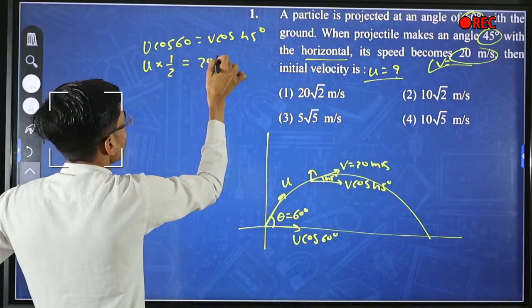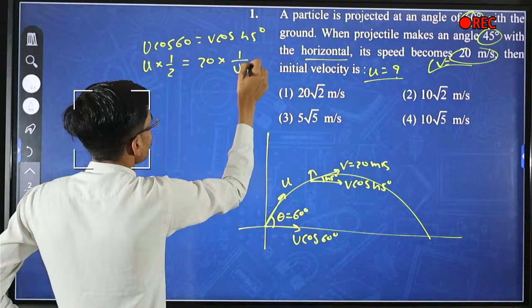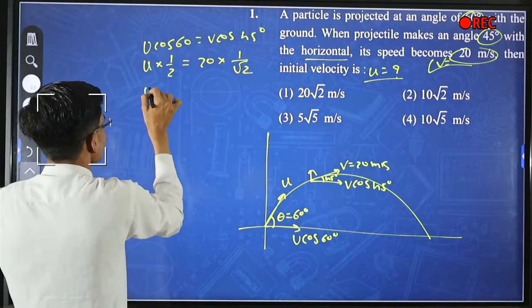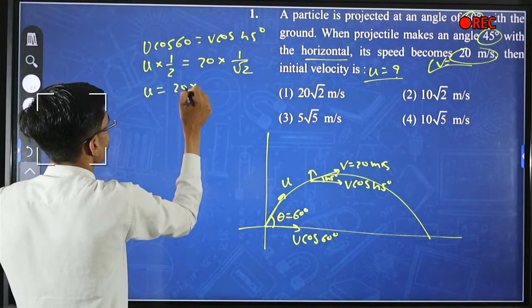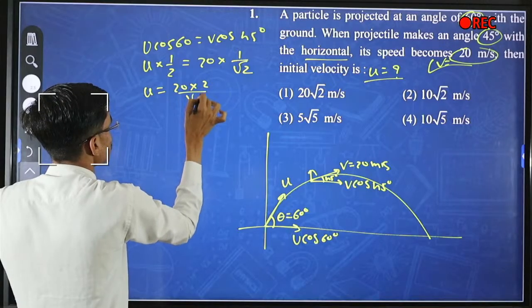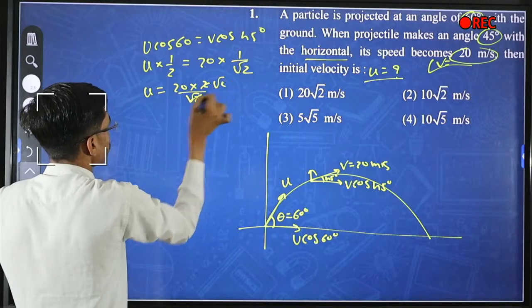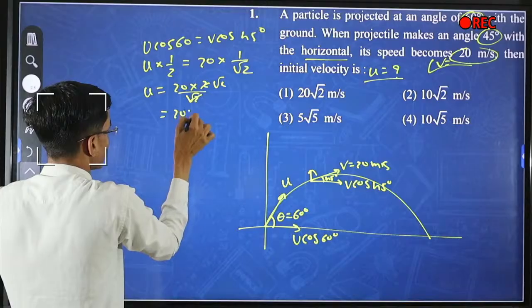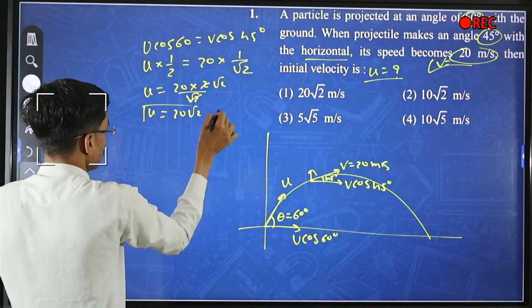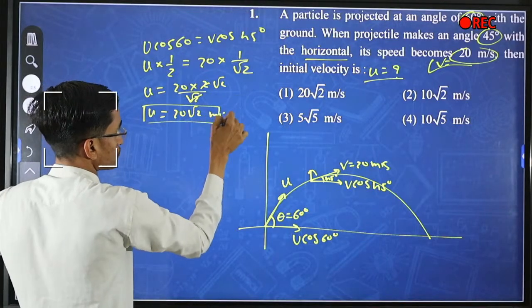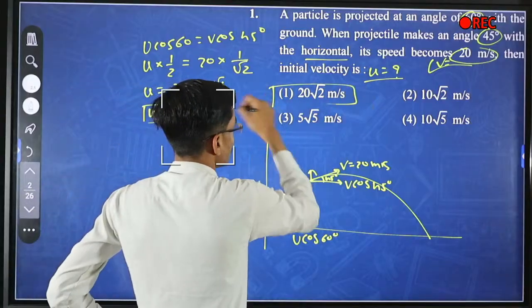So u times 1 by 2 is equal to 20 into cos 45, so u will be 20 root 2 meter per second. 20 root 2.